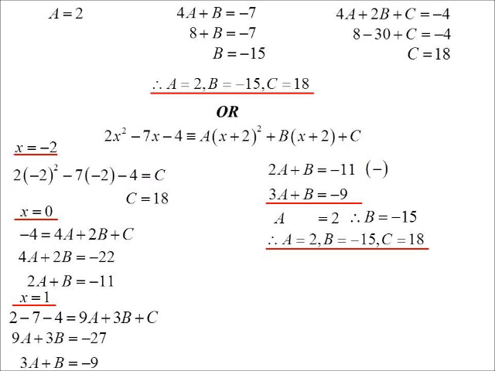So the coefficient of x squared must equal the coefficient of x squared. I get a equals 2 straight away. I now know c, I now know a. I could now find b via substituting in a very easy number, and I probably would pick 0. So you can combine the two ideas to save time as well.